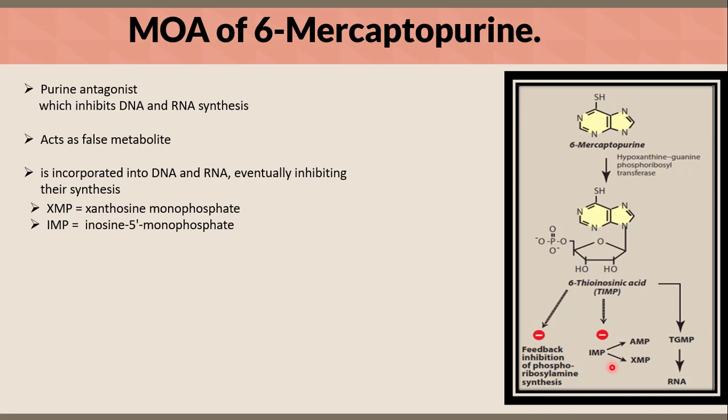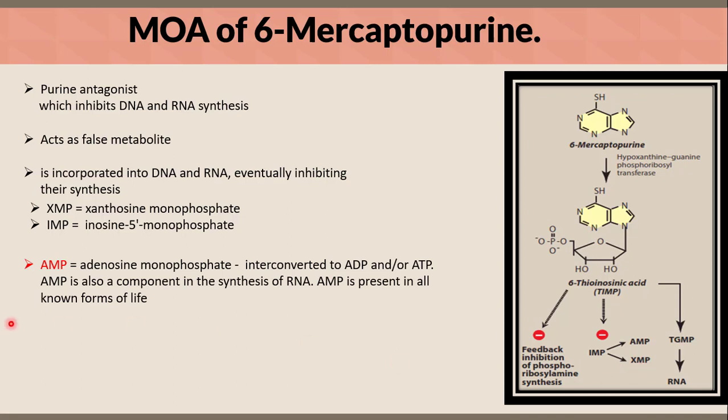When it comes to AMP, or adenosine monophosphate, it is interconverted to ADP, or adenosine diphosphate, or ATP, adenosine triphosphate, and AMP is also a component in the synthesis of RNA, and AMP is present in all known forms of life.